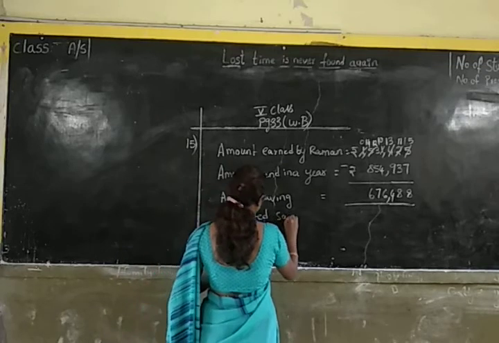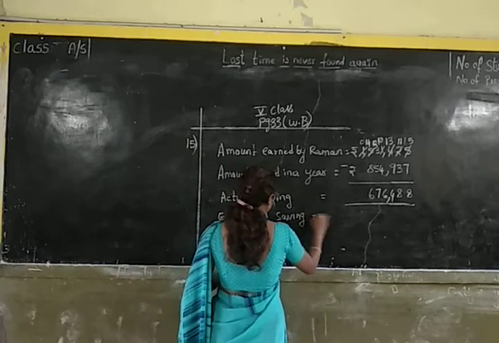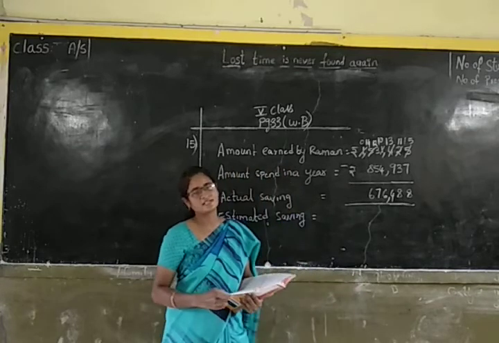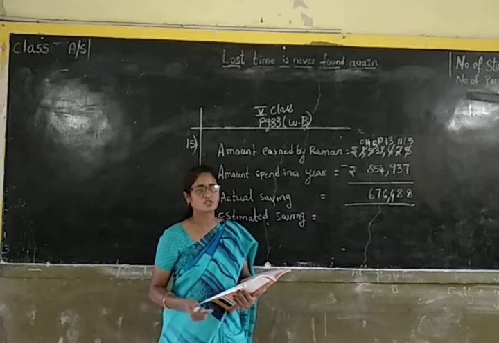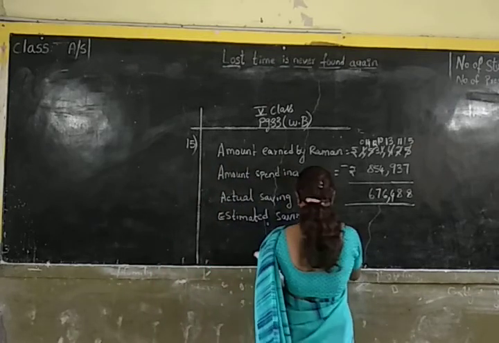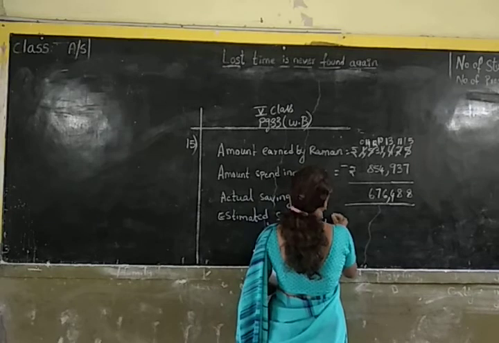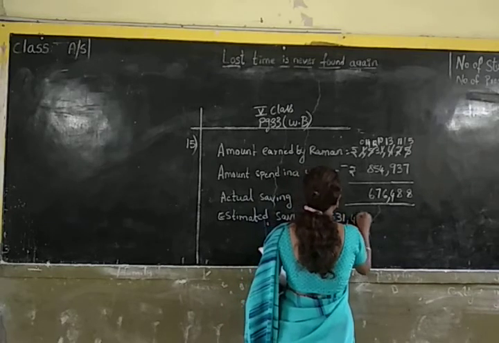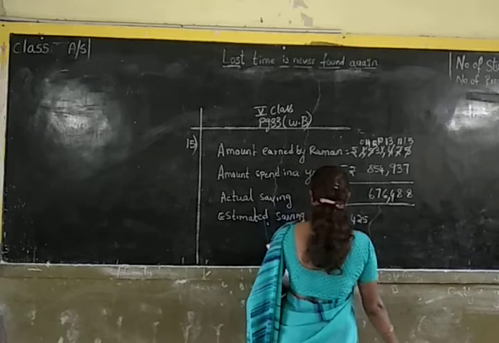Estimated savings can be found out by rounding off the numbers to the nearest 10,000. First we have to round off 1,531,425 to the nearest 10,000.